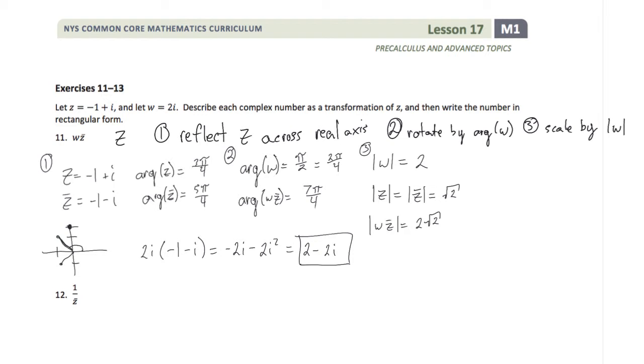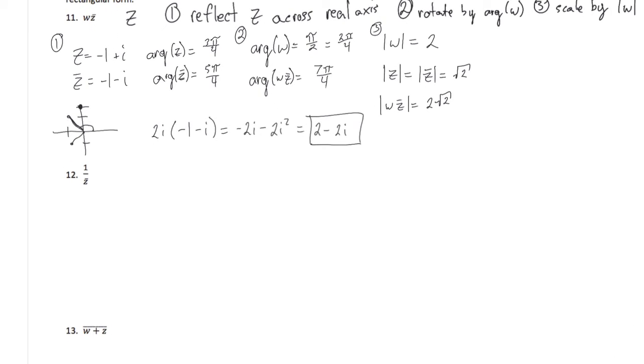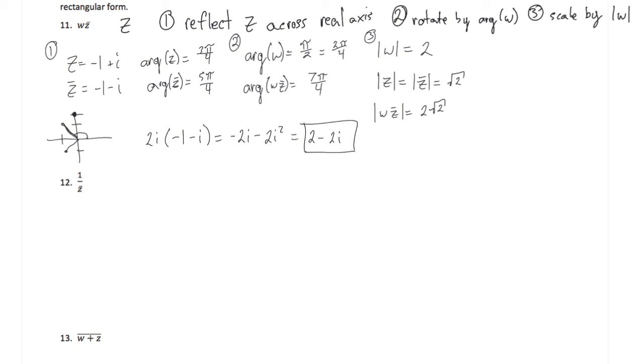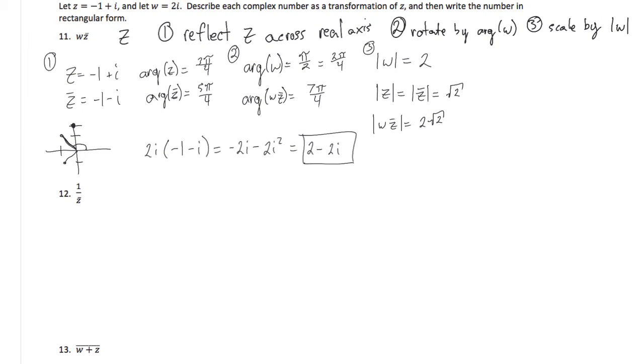So let's move on to the next one. 1 over z bar. That was some number w times z bar. Now let's just do 1 divided by z bar. For part 1, I am going to reflect z across the real axis.